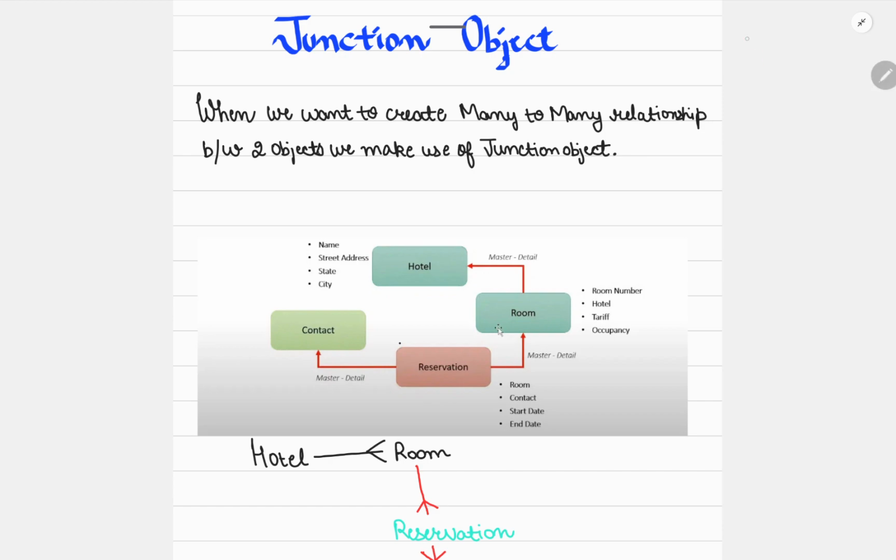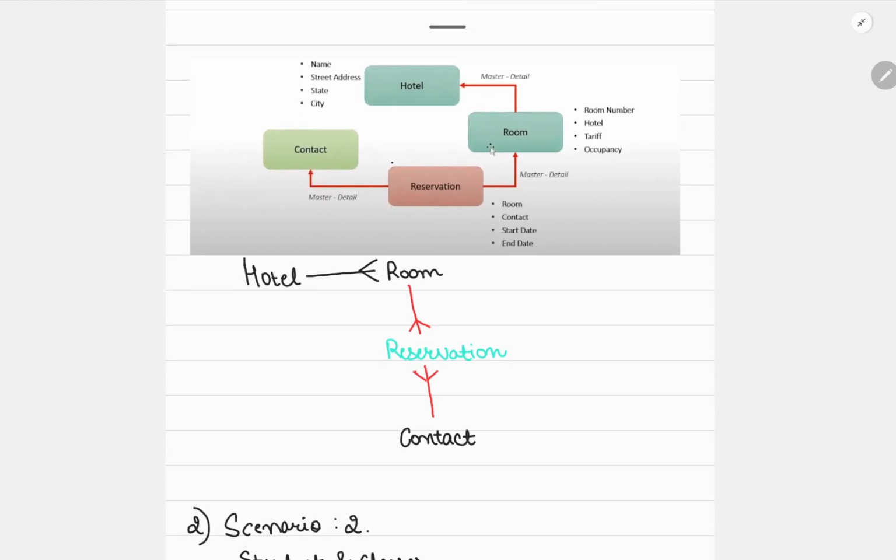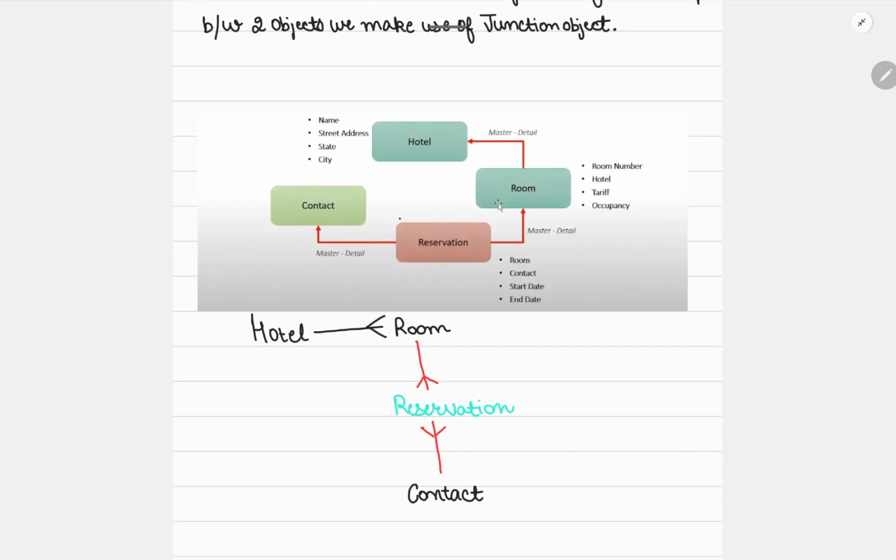So let's take an example. Here we have an example of a hotel and a reservation. One hotel can have n number of rooms, so this is a relation of one to many, right? So one hotel is associated with n rooms, and that is common. And in one room various people can have reservations, right?